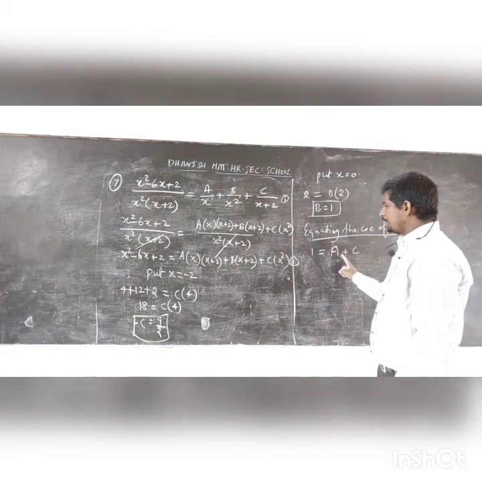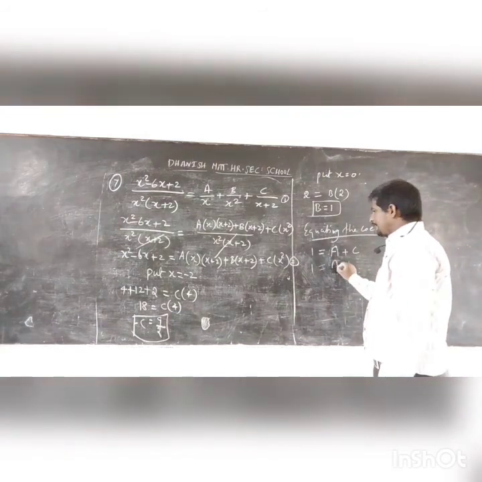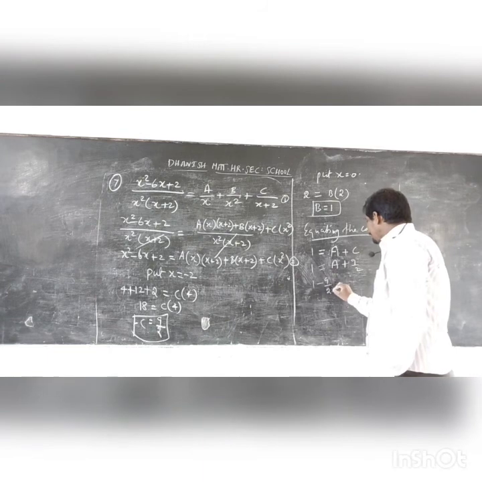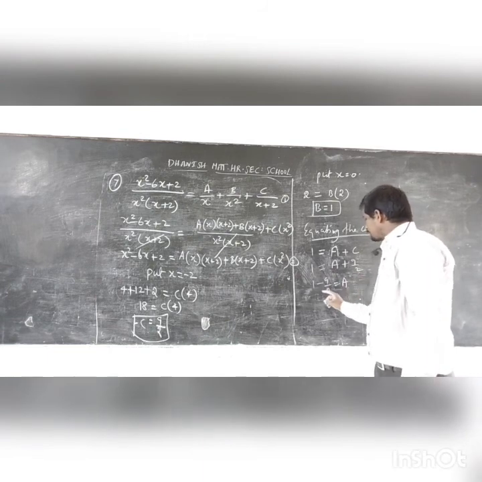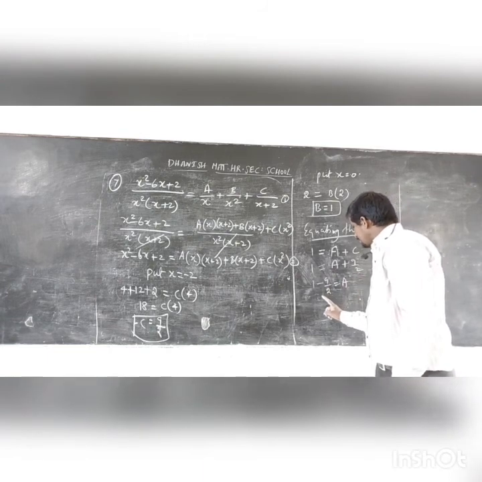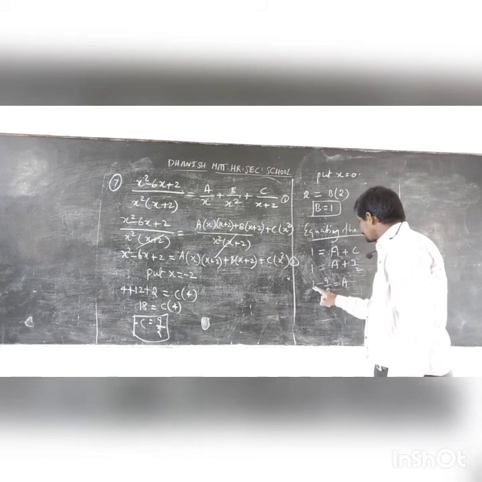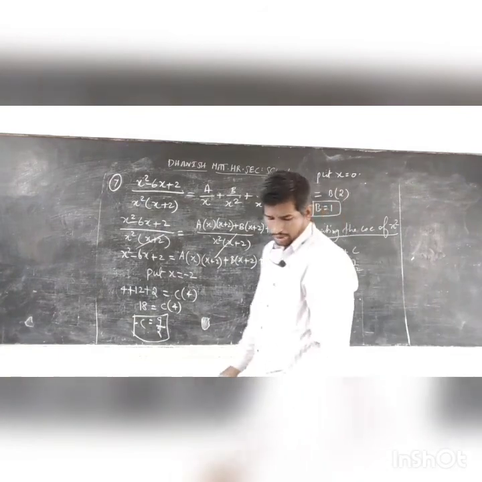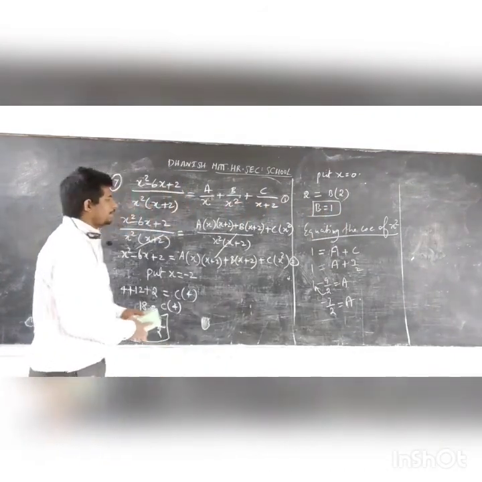Now I am going to substitute 1 equal to a plus 9 by 2. So the next step would be 1 minus 9 by 2 equal to a. So the next step would be minus 7 by 2 equal to a. We got our a as minus 7 by 2.